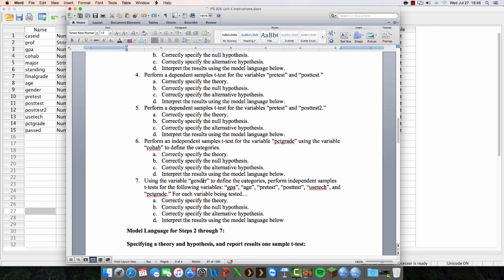So I want you to test the difference between men and women on GPA, on age, on pre-test scores, on post-test scores, on the percentage of time they spend using technology, and on their percent grade in the class. And for each of those variables, of course, specify the theory, a null hypothesis, an alternative hypothesis, and interpret those results using the model language. And that'll be it for this week's assignment.